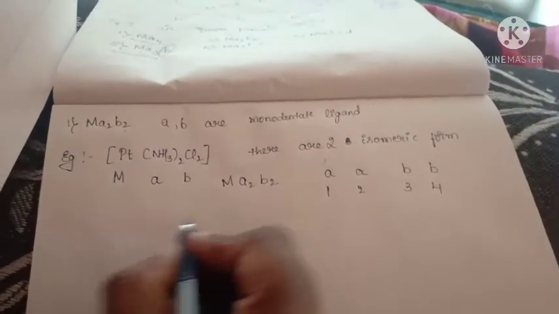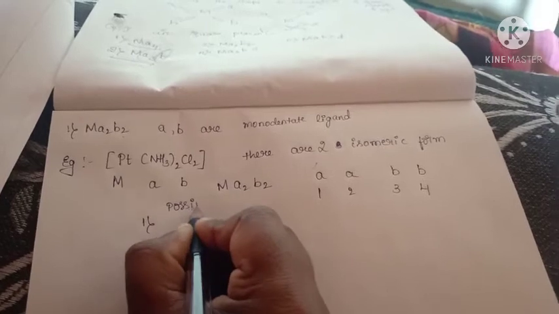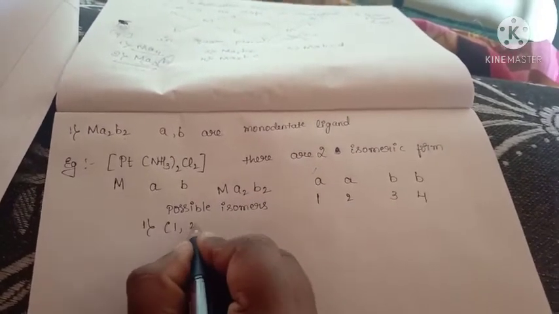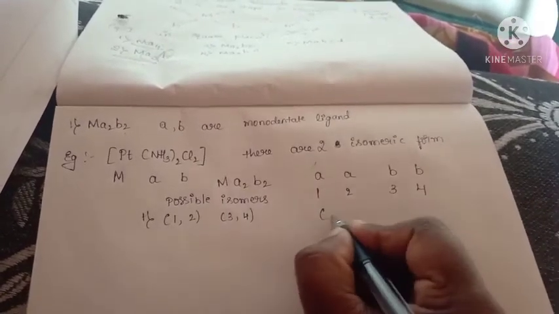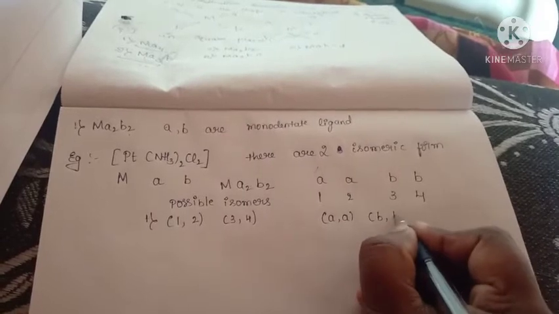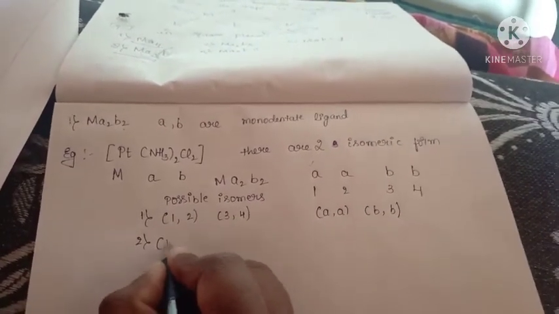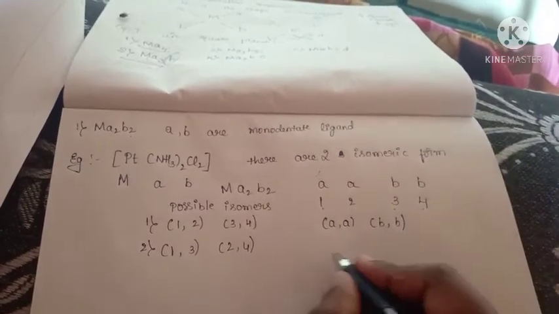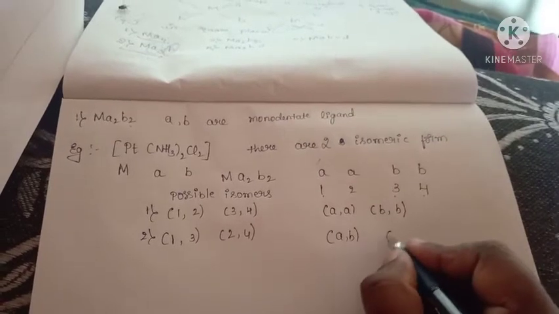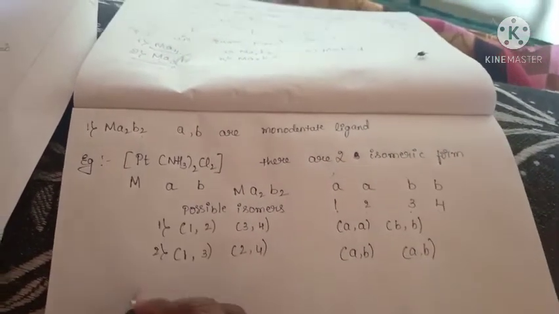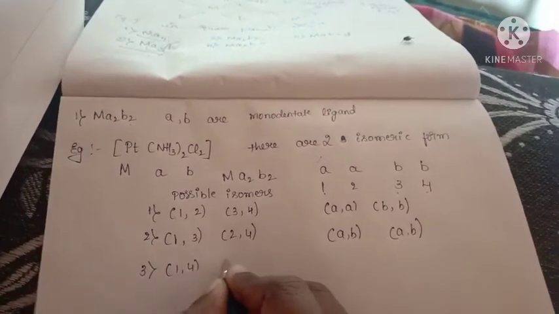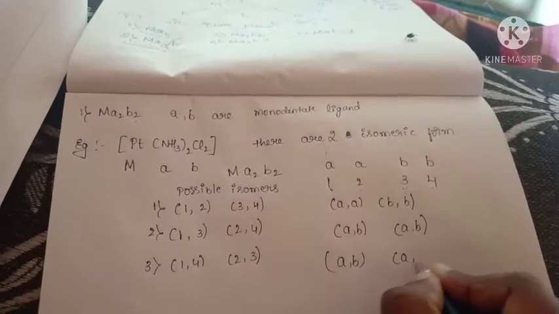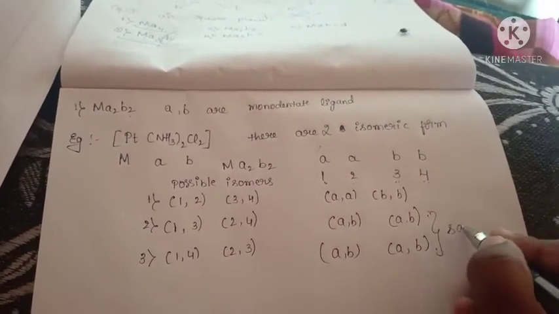The possible isomers are: first one is 1, 2, 3, 4, that is A, A, B, B. Next, second one is 1, 3, 2, 4, that is A, B, then A, B. Next, another one is 1, 4, 2, 3, that is A, B and A, B. Here these two are the same.